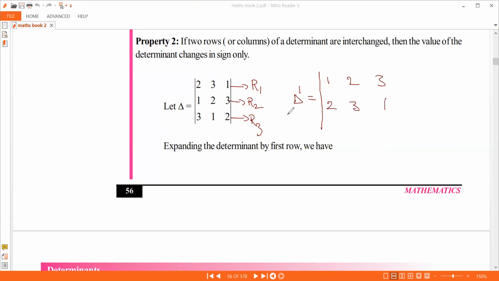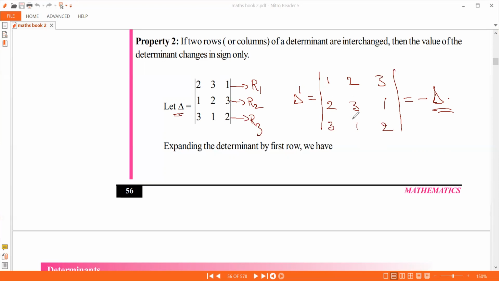Instead of R1, I will write R2, and instead of R2, I will write R1. That's what swapping is. So 3, 1, 2. What you find is that this delta dash will be negative of delta. For this value, you get a negative sign.